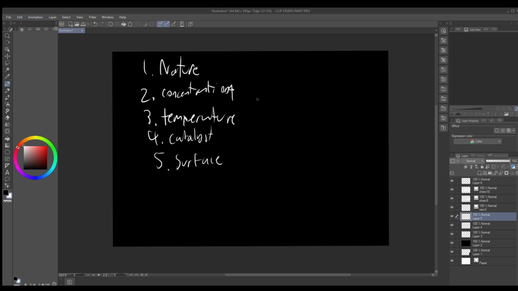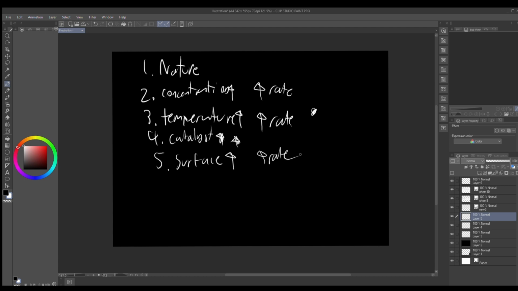So increased concentration, increased rate. And then temperature, if there's an increase in temperature, there's going to be an increase in rate due to the particles having more energy and moving quicker. In catalysts, the presence of a catalyst will speed up a reaction. And that's the whole point of a catalyst. And for surface area, increased surface area means increased rate.